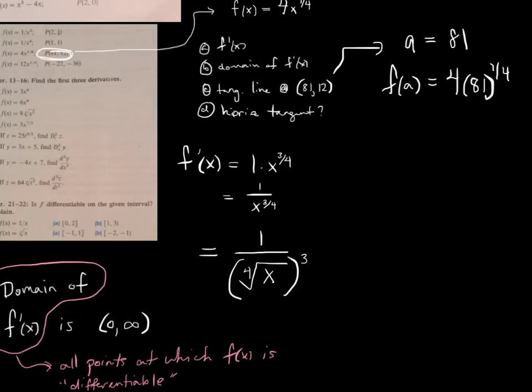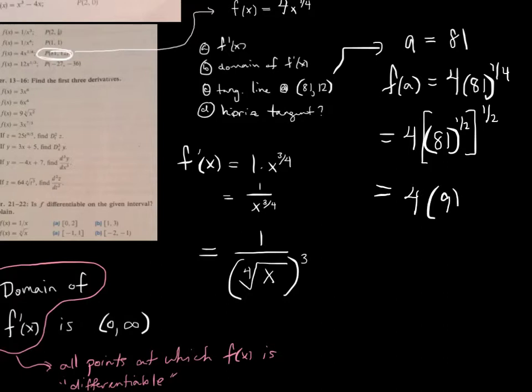One way to think about the 1/4 root is I take a square root and then I take a square root again. So this would be 81 to the 1/2, and then again to the 1/2. Square root of 81 is 9, square root of 9 is 3, 4 times 3, also known as 12.